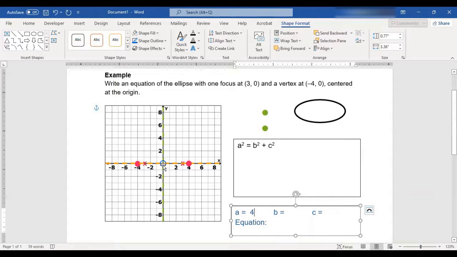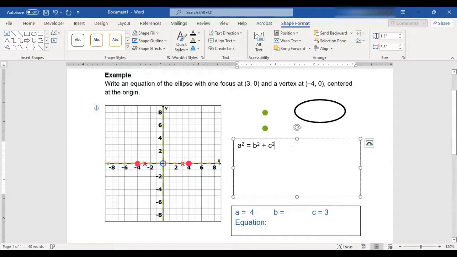And c is the distance from the center to a focus. So in this case, our c value is going to be 3, since the foci are 3 away. So now that we have a and c, we can use them to figure out b, and we need b because we have to figure out the equation.